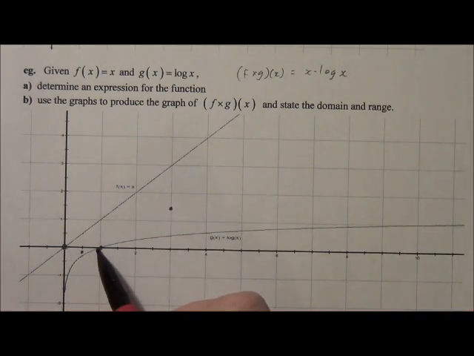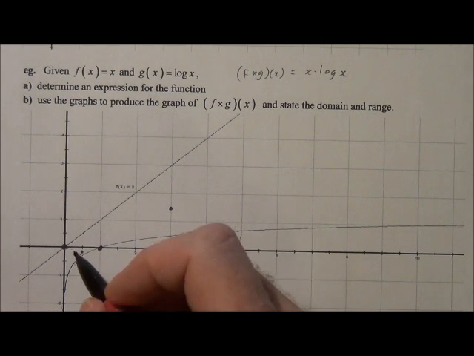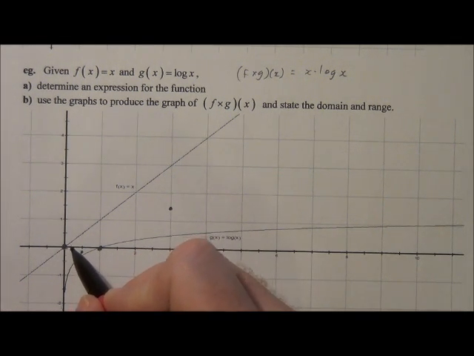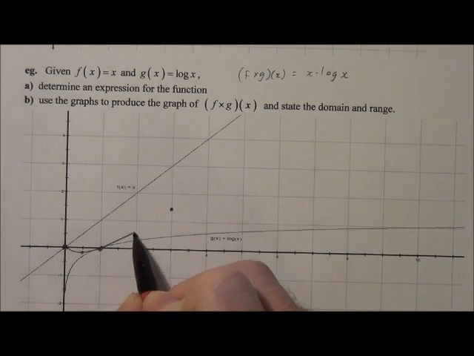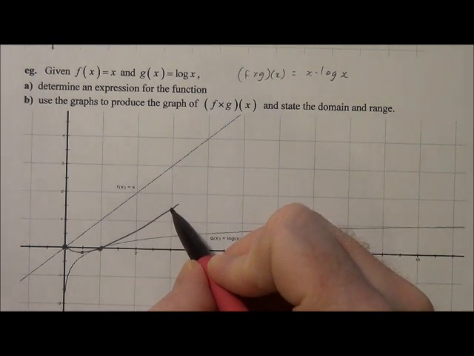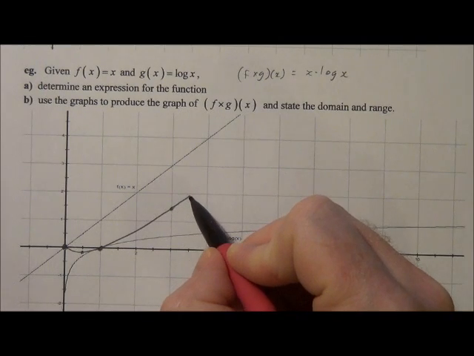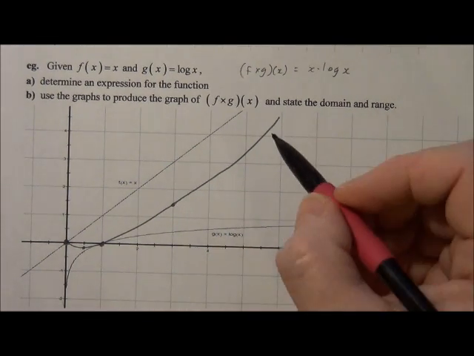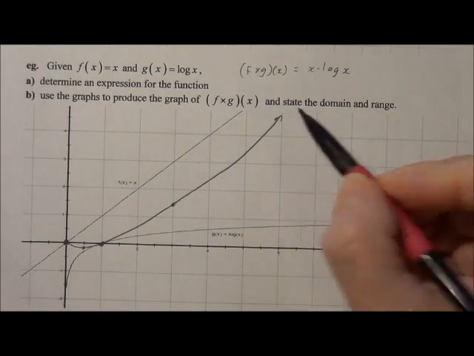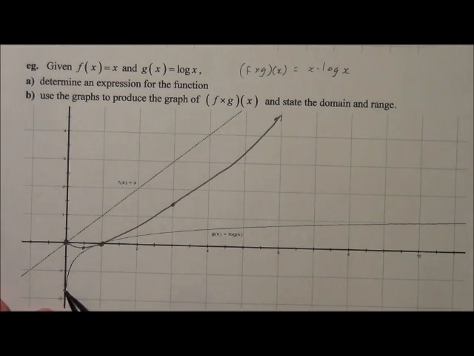So we see that the graph is dipping down below. That obviously makes sense. So we're going to have a graph that's going to look something like this. And then if we calculate a few more points, we'll see that this continues and it's curving to take into account the curvature of the log function. And that's basically where it is.